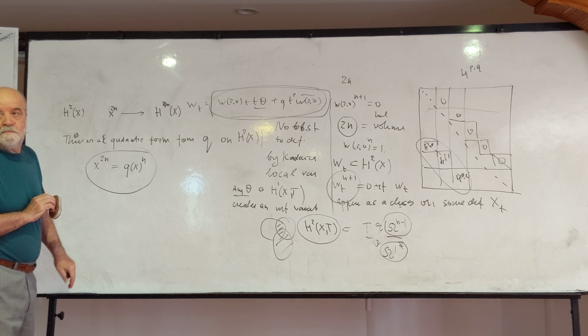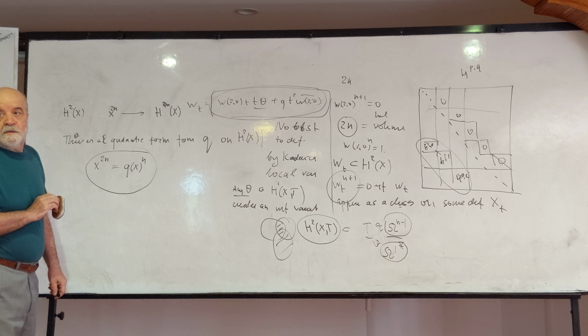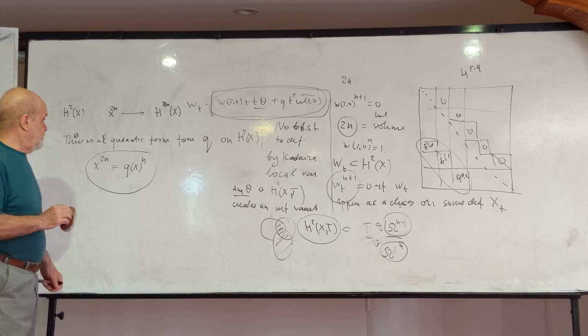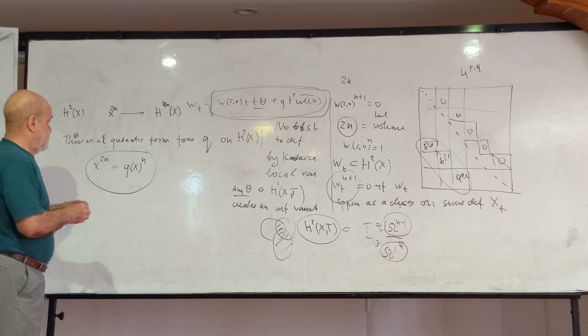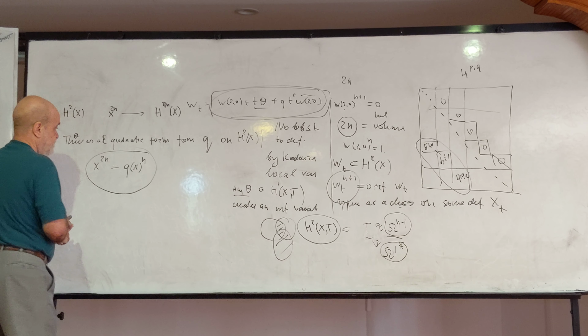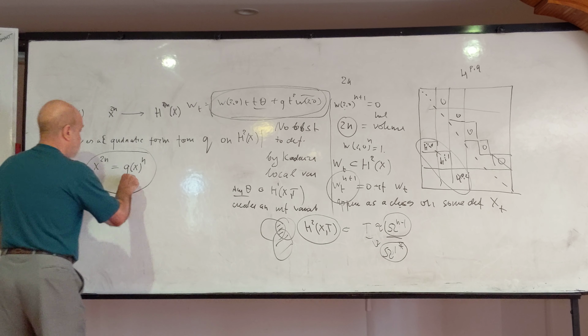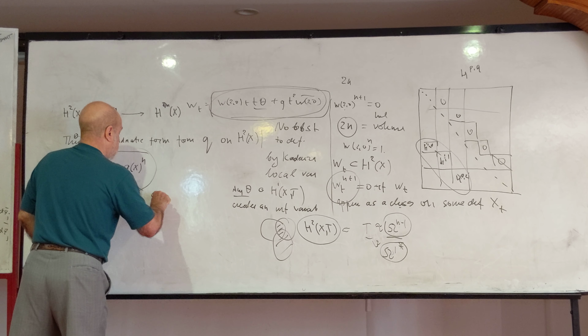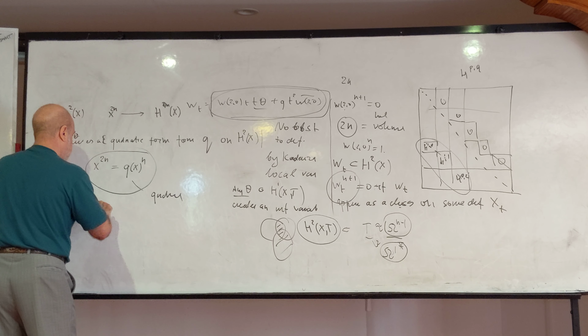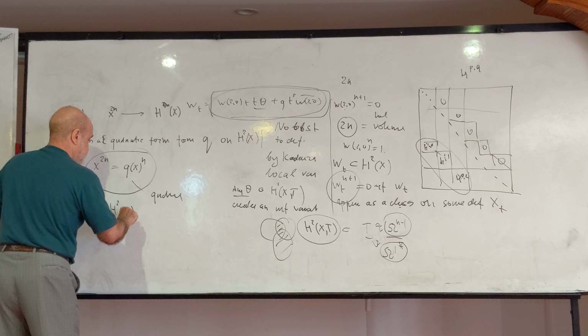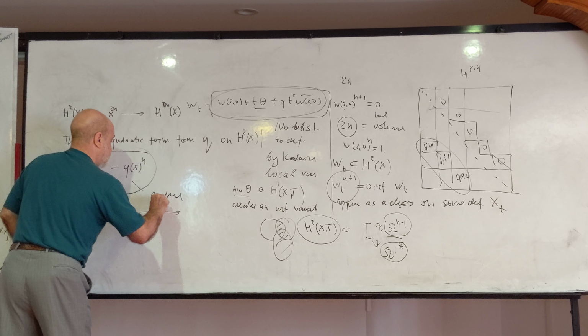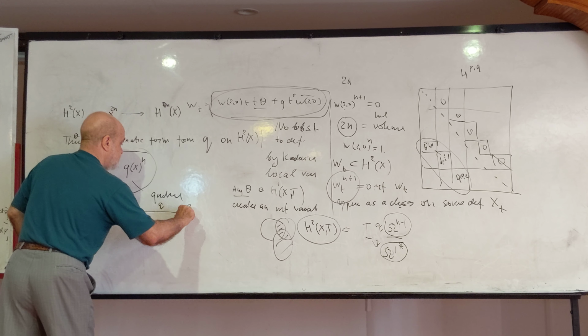And what kind of object is Q of x? Is it in H2 of x? Q of x is a form, in fact just a quadratic form on H2 of x, and it takes values in H2.